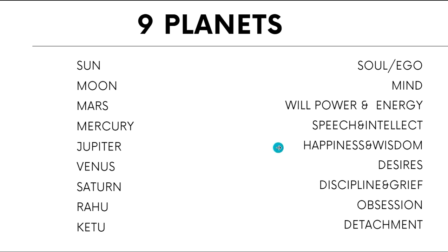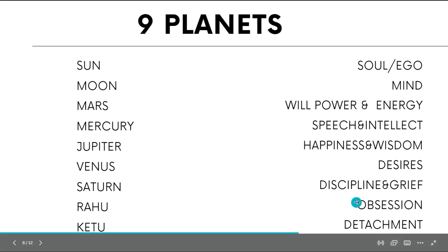Jupiter would represent happiness and wisdom. Venus represents desire, Saturn represents discipline, and it also represents grief and what makes you sad. And Rahu represents obsession, Ketu represents detachment.